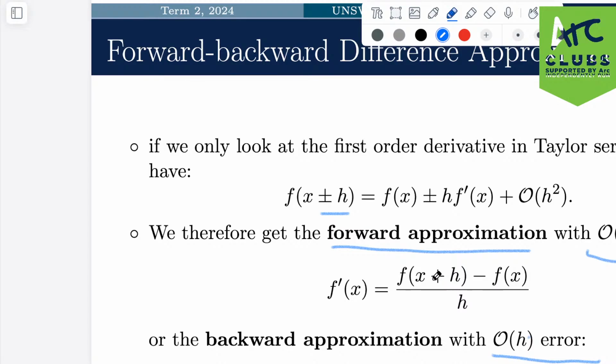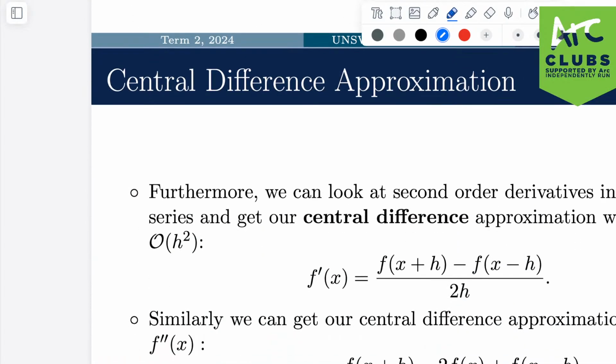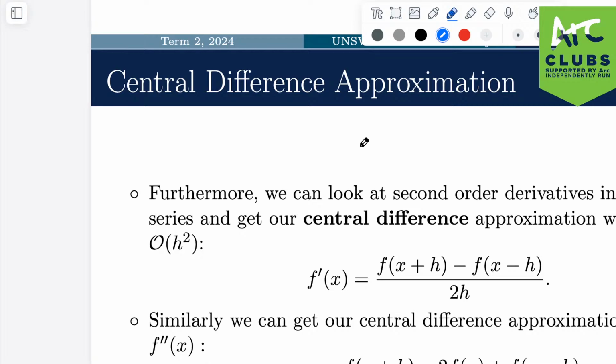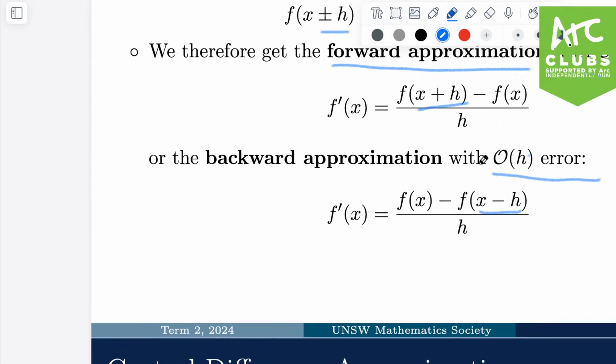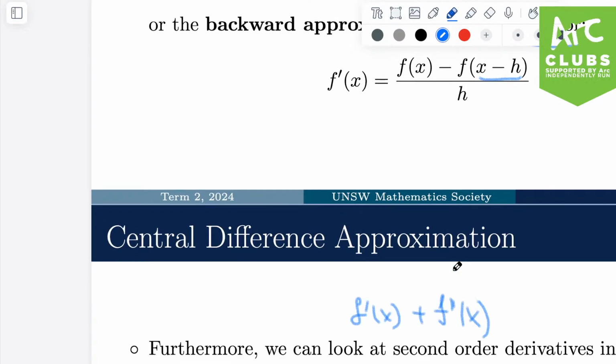If we have knowledge of x plus h, then obviously we will apply the forward approximation. If we only know what happened at x minus h, and we don't know what will happen at x plus h, then we will use backward approximation. If we have both f dash x and f dash dash x, for all the difference approximations, it's not too hard, right? We just write out our Taylor series and rearrange so that f dash x becomes the left-hand side.